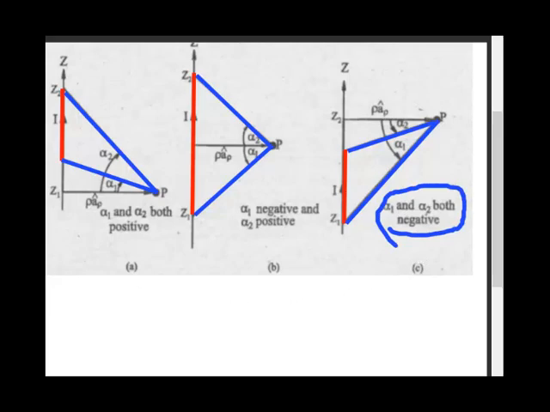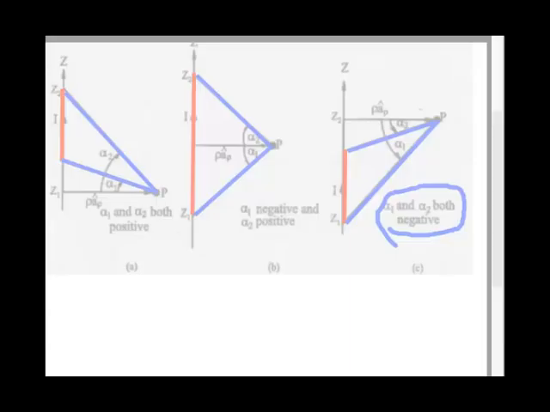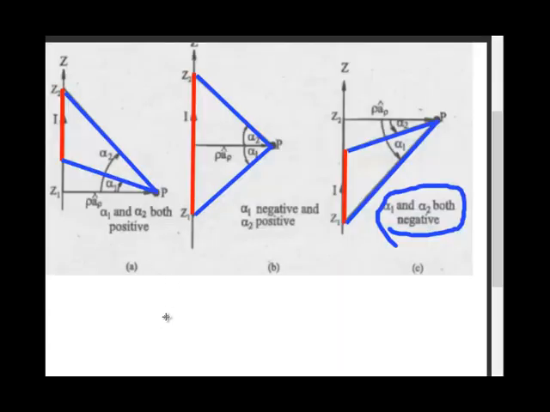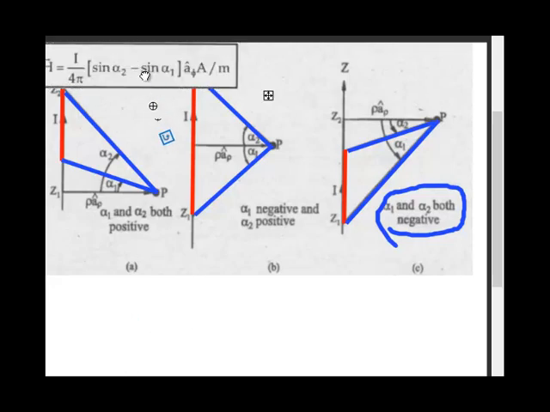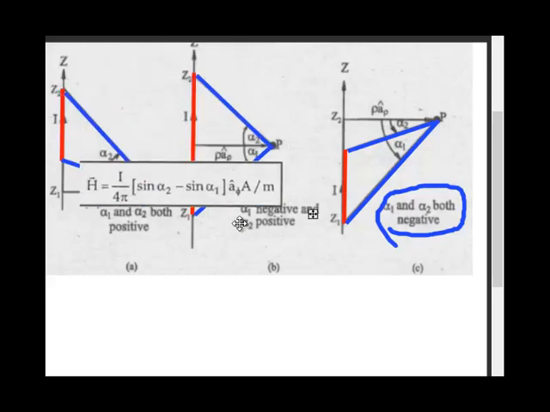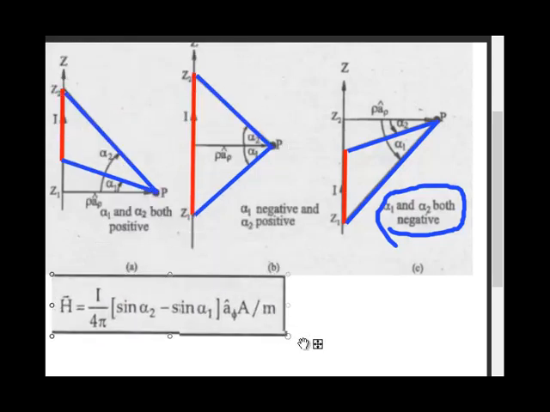So using this concept, the formula for the magnetic field intensity can be modified, and that will have both alpha 1 and alpha 2 in the formula. See this formula. This is for the case where the current filament is finite. This is the formula for finite current filament.